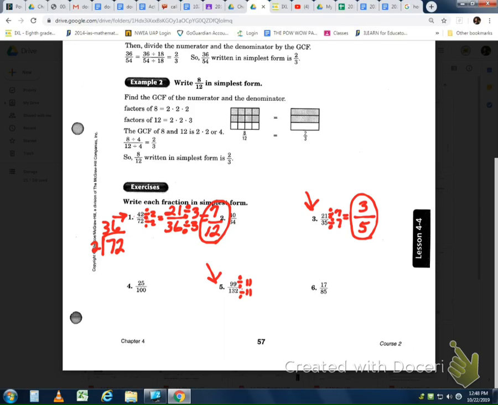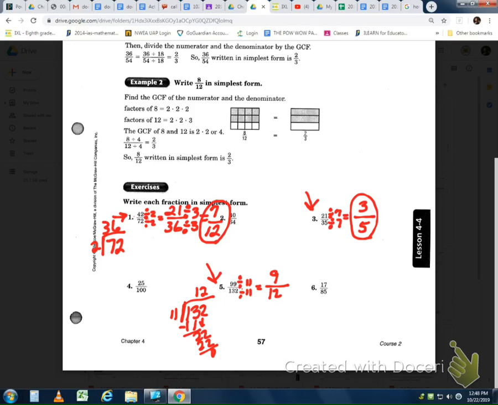I'm pretty sure about 99, because 99 divided by 11 is 9. What about 132? How many times does 11 go into 132? We might need to do this over to the side. Michael? 12. Yep, you're right. So 9/12.